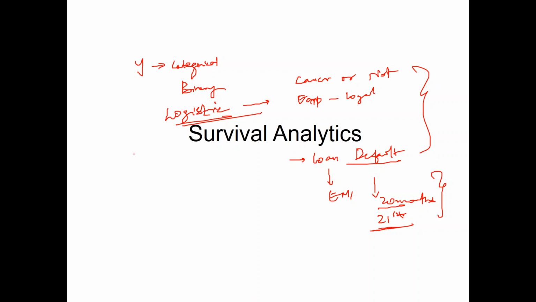Now, let's say I take Vodafone or Airtel, and I'm looking into the customer churn rate. I'm going to see whether the customers are going to move away from this network or stay with this network. But the critical point here is after how many months the customer is going to move away.